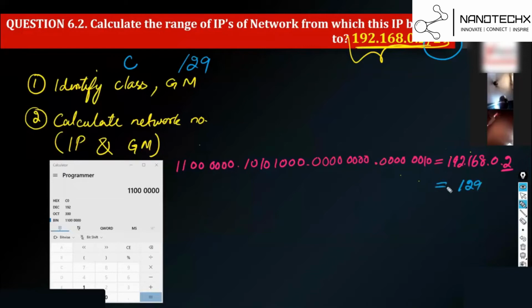Now, let me convert this /29. This one is equal to, /29, guys, means what? Total bits are how many in an IP address? 32, right? So out of 32, 29 are 1. This 29 means 29 times 1.